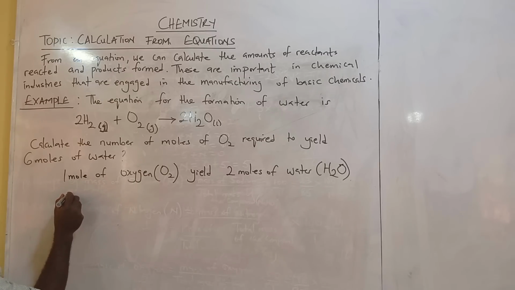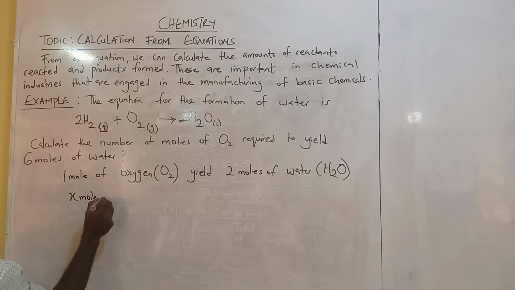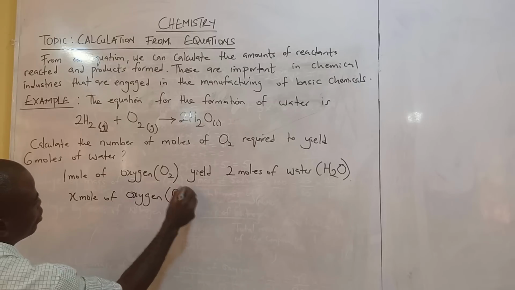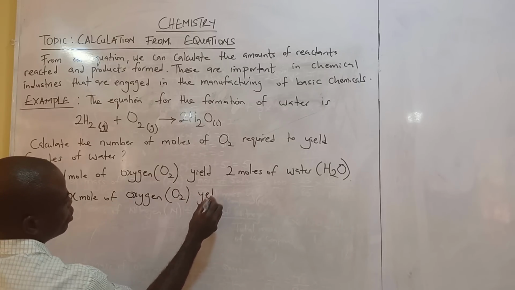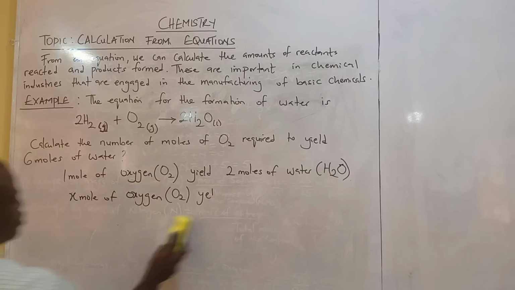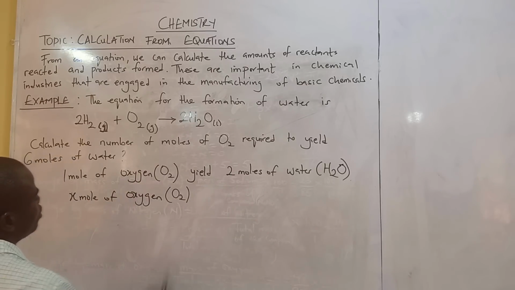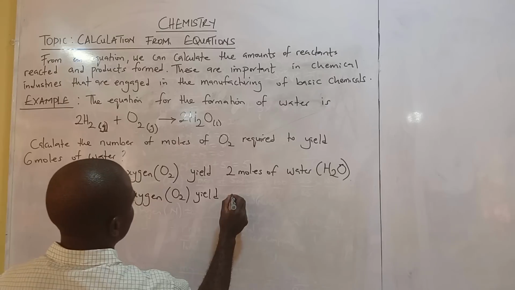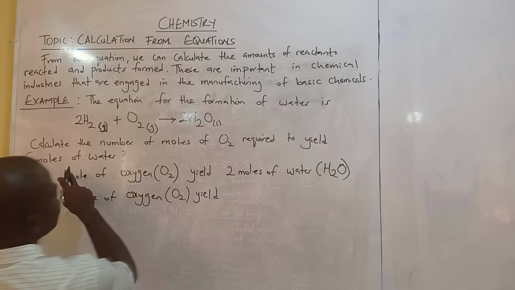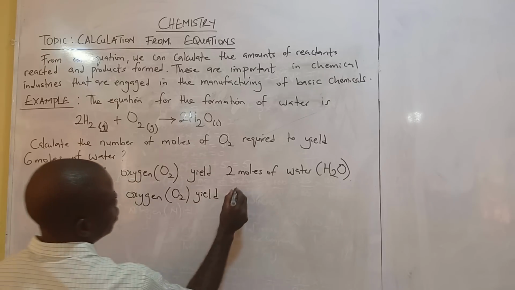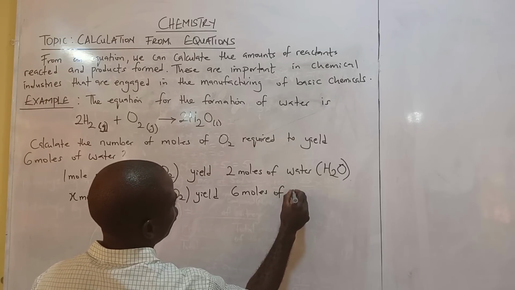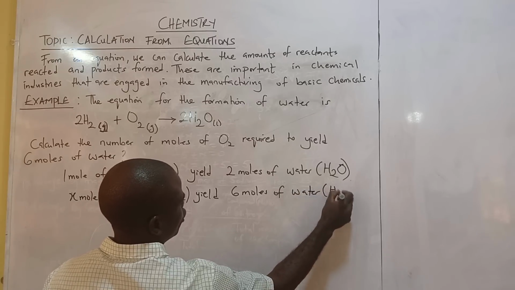How many molecules of oxygen now? X molecule of oxygen yields how many? You have to yield 6 molecules, 6 moles of water, H2O.